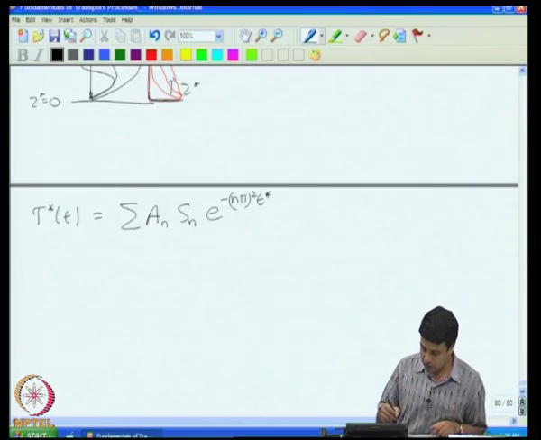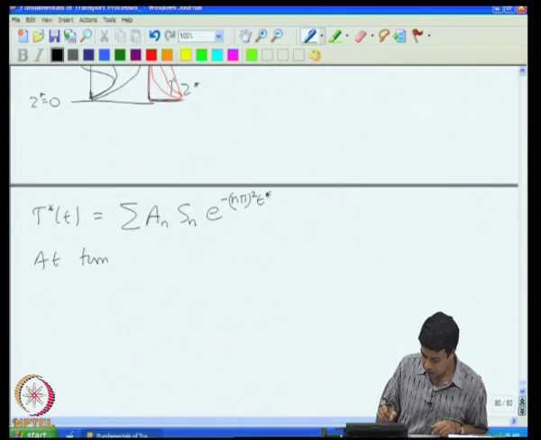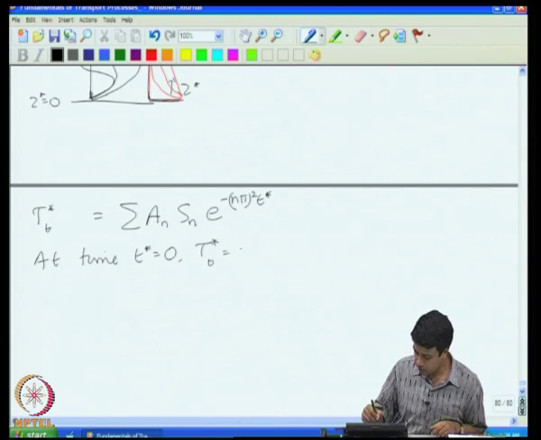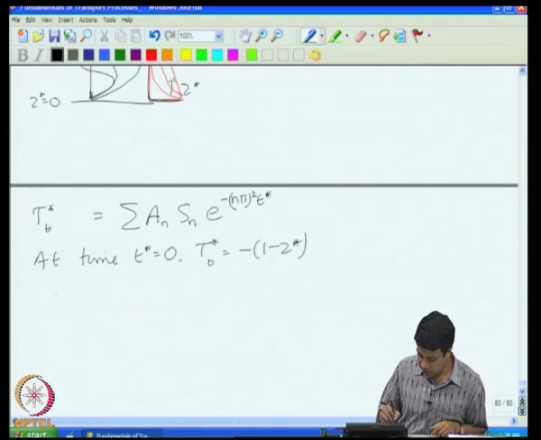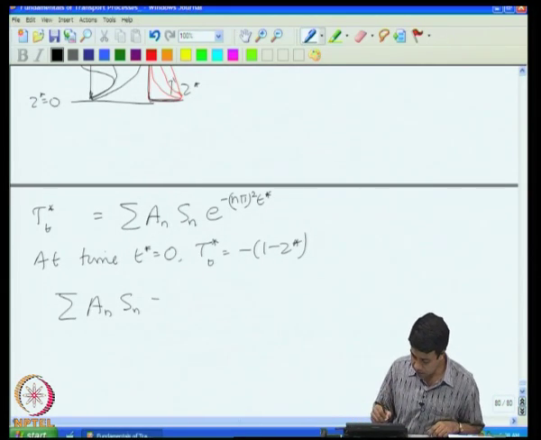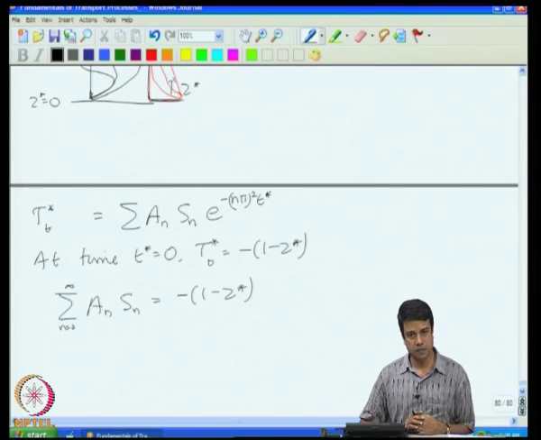I know that at time t star equal to 0, this capital T transient is equal to minus of 1 minus z star. Therefore, in the summation a n S n, this exponential becomes 1 at t equal to 0. This has to be equal to minus of 1 minus z. The summation has to be equal to 1 minus z.